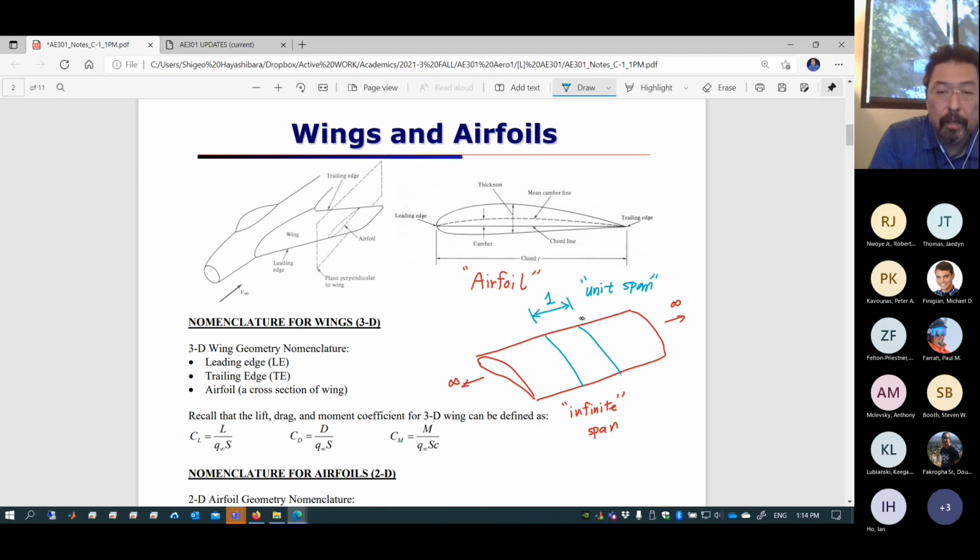And then you pick that up as an airfoil. That's the airfoil by definition. So this is a constant cross-section unit span wing, and it essentially represents a unique cross-section of a wing.